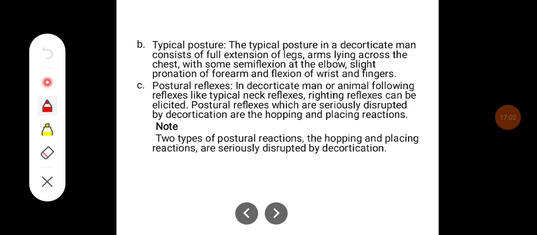The typical posture in the decorticate man consists of full extension of the leg, and the arm lying across the chest with some semiflexion at the elbow, slight pronation of the forearm and flexion of the wrist and fingers. In the decorticate man, typical neck reflexes and righting reflexes can be elicited.